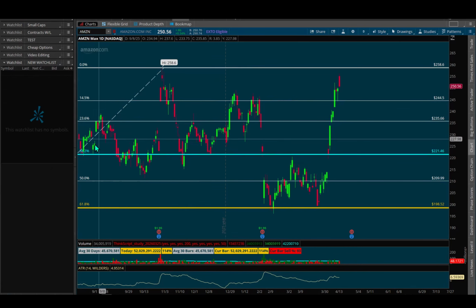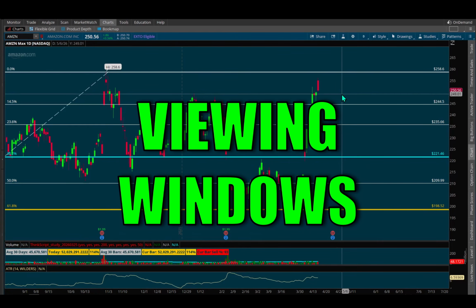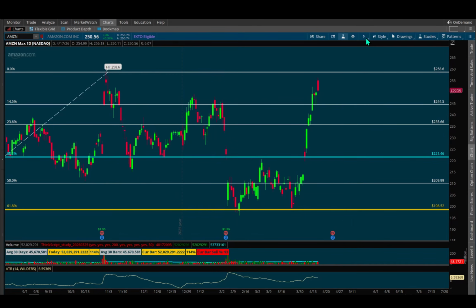Okay, before we get into that, we're going to collapse that window for one moment here, and we want to go to the viewing windows. I think that's really important here, and we're going to click this little window. So you'll see there is this scientific beaker, there's the gear icon, and then you'll have the viewing window right next to it. So we're going to click that.